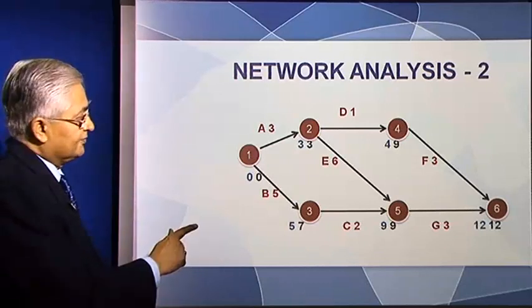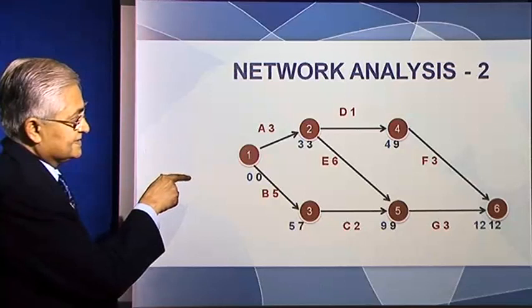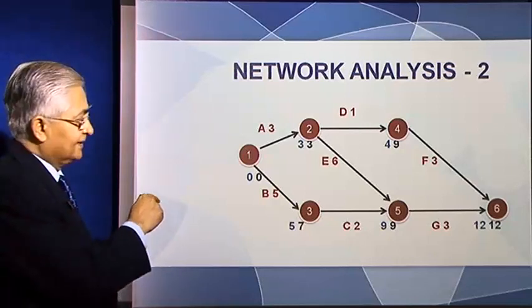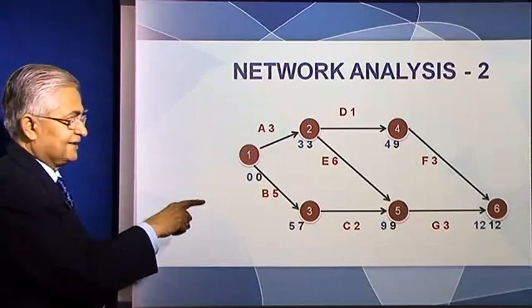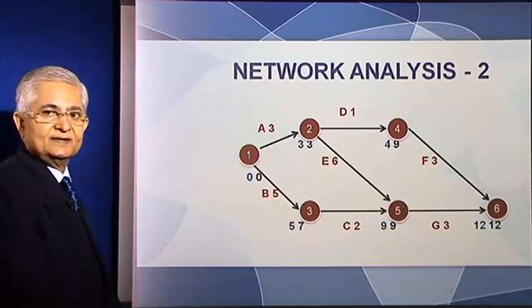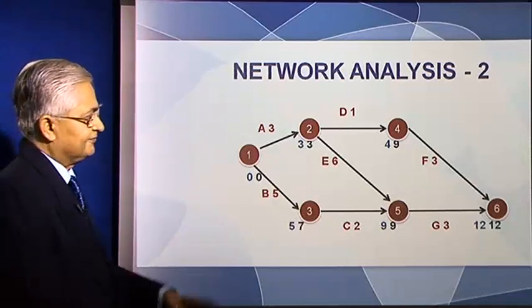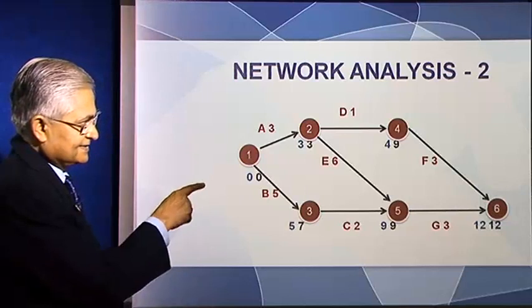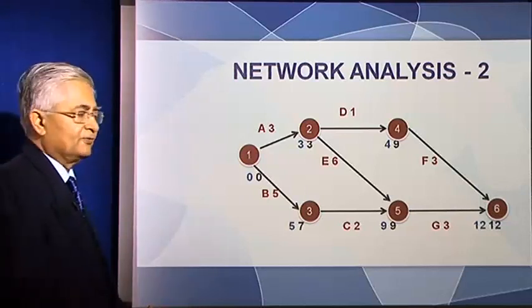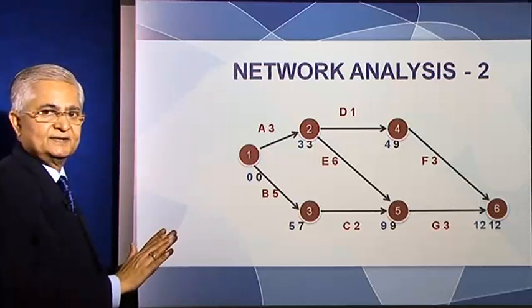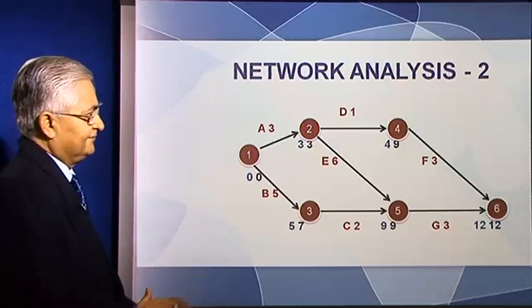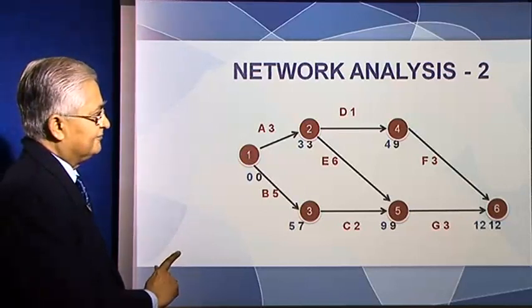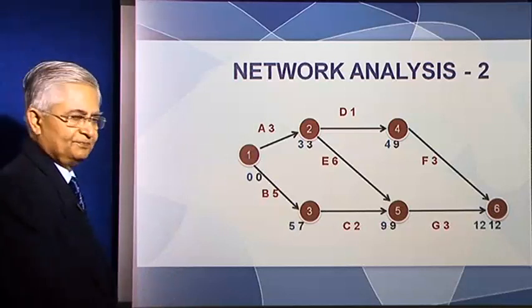So the earliest you can reach if you go the other way is 9, and the earliest if you go this way is 7, which means the earliest you can reach 5, that circle 5, is 9, because to reach 5 you need both E finished and C finished.